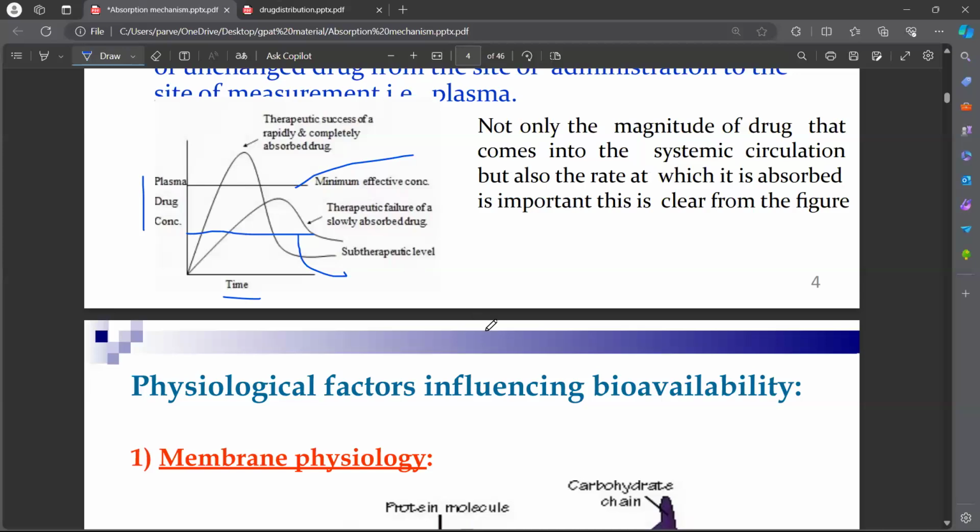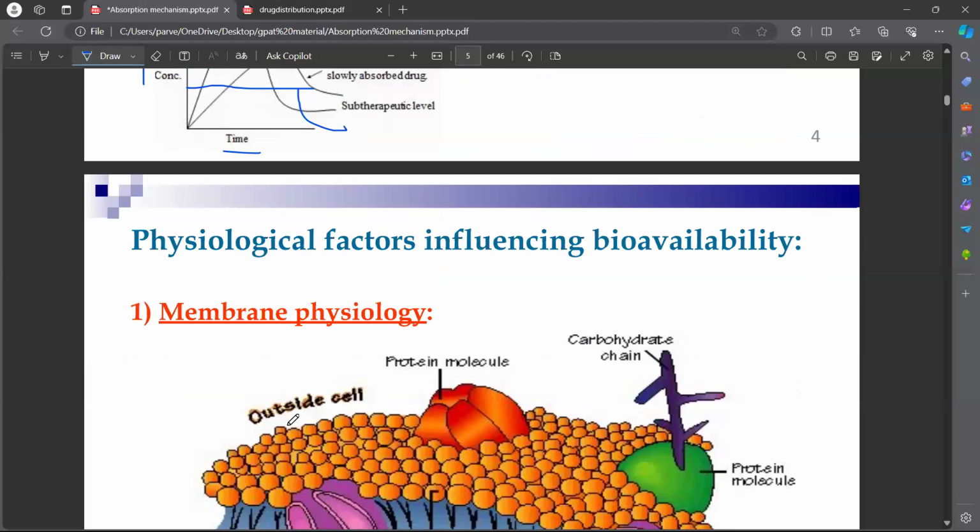When we talk about absorption, we must talk about the intestinal barrier present in our body, mainly in the GIT. This is a broad overview pictorial diagram of how our intestinal membrane looks. It consists of bilipids and protein molecules.